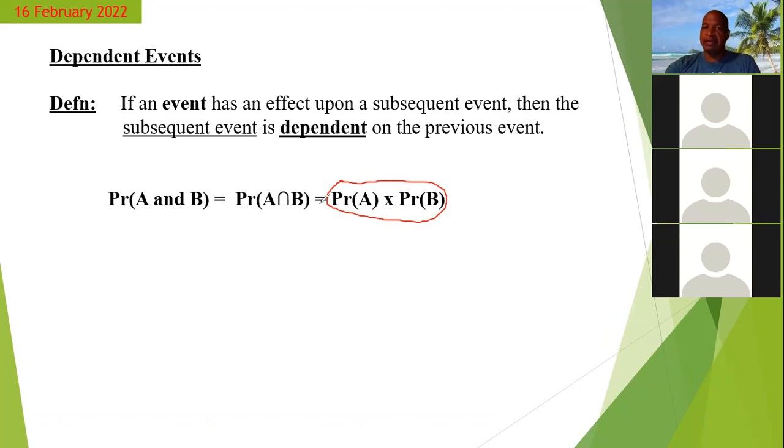But for the probability of A and B, if event A occurs first and B occurs after, even though the probability of event B is affected by event A, we're still going to calculate the probability of A and B by multiplying their probabilities. Is that clear?